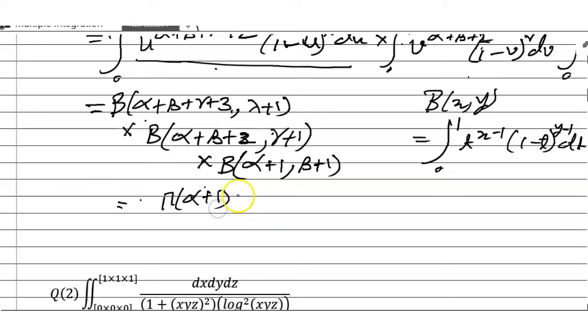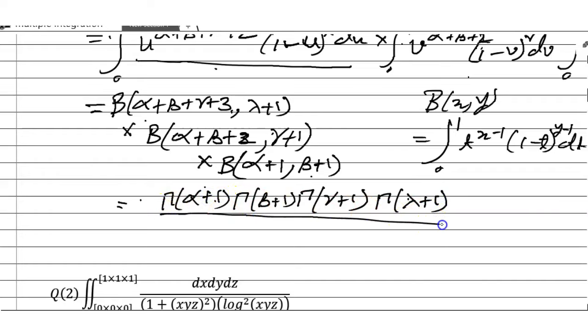Gamma alpha plus 1, gamma beta plus 1, gamma gamma plus 1 and gamma lambda plus 1 divided by gamma alpha plus beta plus gamma plus lambda plus 4.